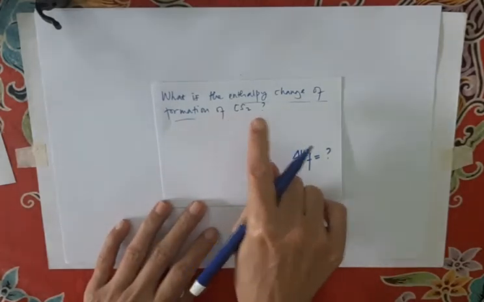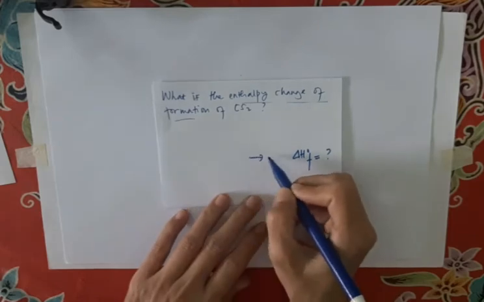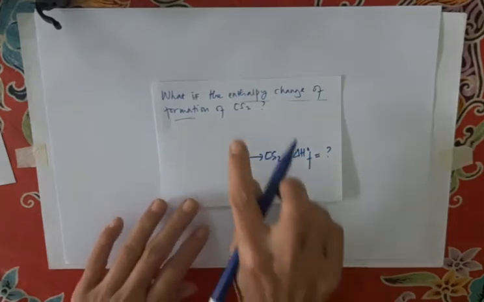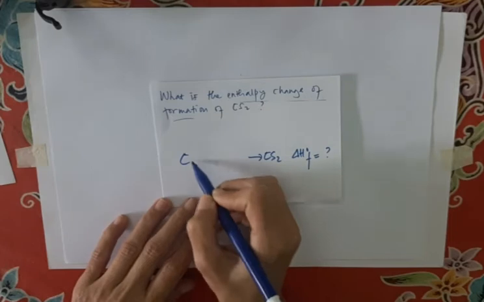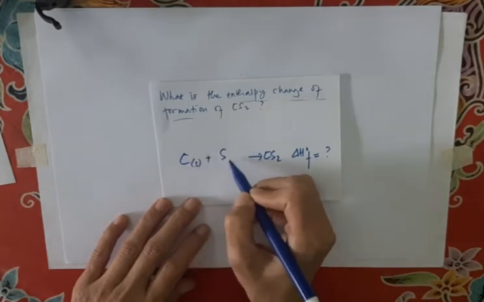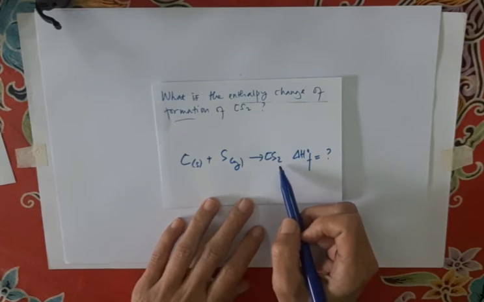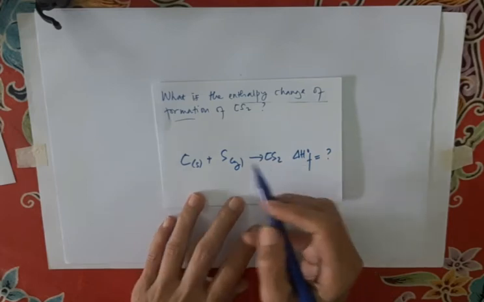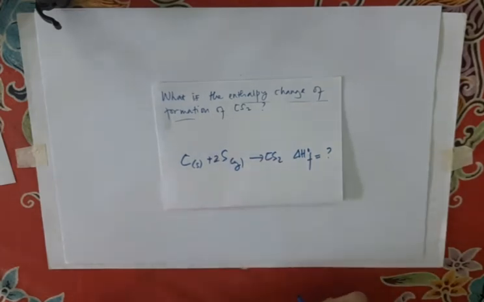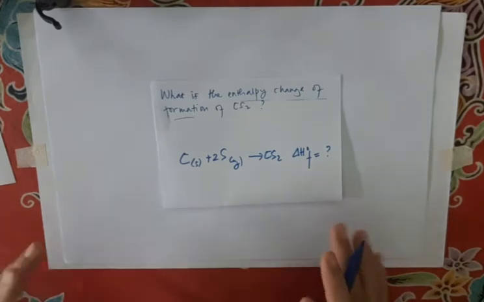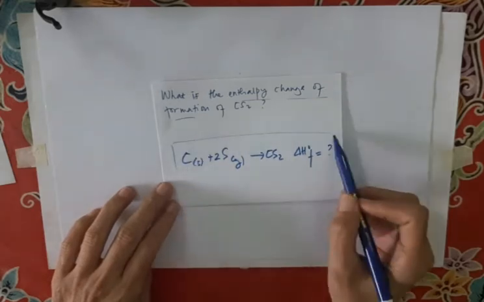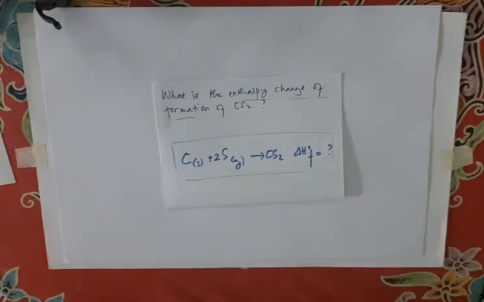Formation of CS2, so CS2 is the product, from C solid plus S gas. The index number of S on the right side is 2, so we put coefficient 2 for S on the left side. Now we have the thermochemical equation to solve the problem.